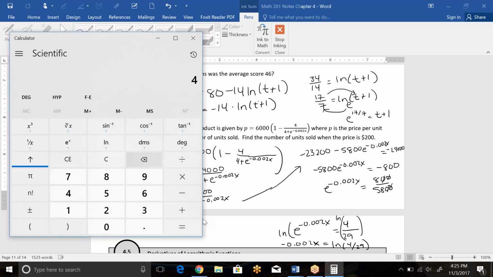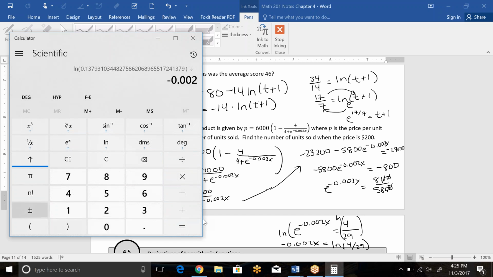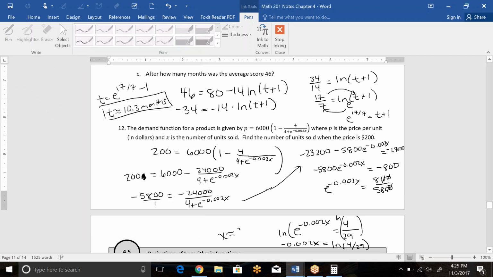So 4 divided by 29, take the natural log of that, and then divide it by the negative 0.002, and that gives me 991 if I round to the nearest whole number. So it's approximately 991 units that they need to sell, because x stood for units. And that's it for that one.